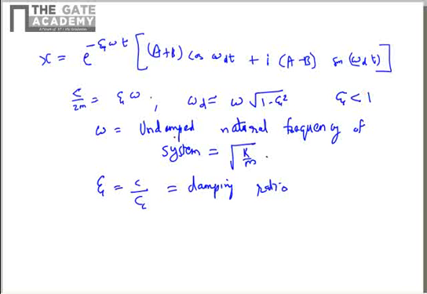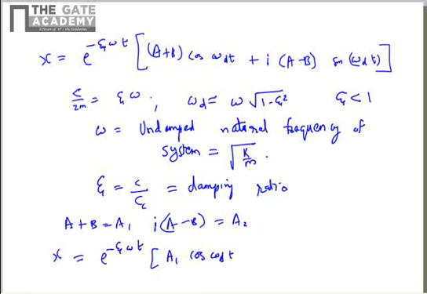So now if you analyze this function, you have an x displacement that is oscillatory in time, a plus b being some constant and a minus b some other constant that will be determined from initial conditions. So let's say a plus b is a1 and a minus b is a2. So the equation is a1 cos omega d t plus a2 sine omega d t.